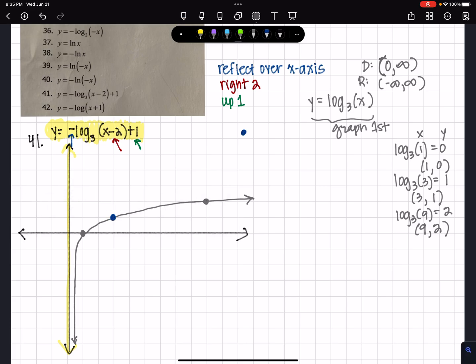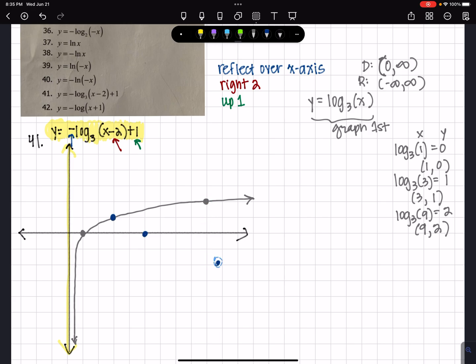Now that point happens to be on top of an existing point, 3, 1. So I'm going to take 3, 1. I'm going to reflect it over the x-axis. And then I'm going to go right 2 and then up 1. And then we're going to take this last point that's on the parent function, reflect it over the x-axis.